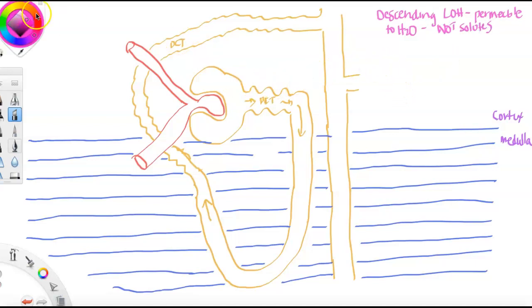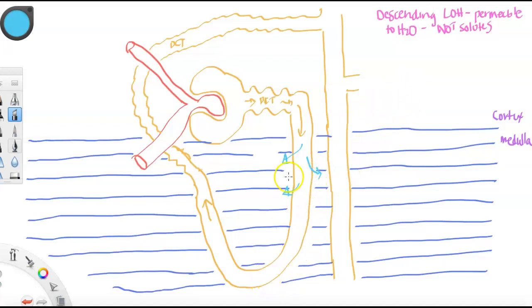So as the filtrate comes down here, the water is going to leave. Okay? Because it can. And there's a reason for it.